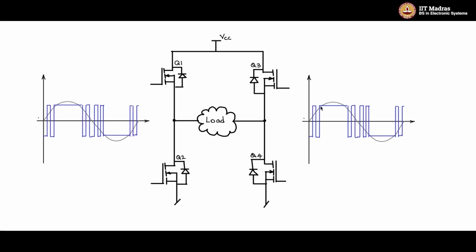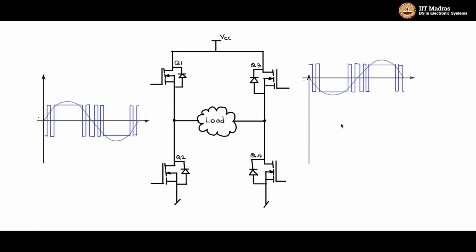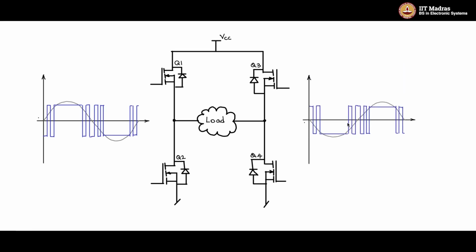Now what I will do, for this part of the bridge, I will compare in this fashion. For the same triangular carrier, I will use an inverted sine.